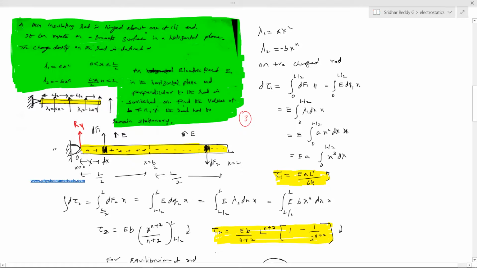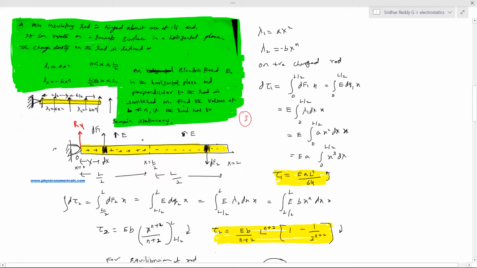A thin insulating rod is hinged about one of its ends. It can rotate on a smooth horizontal surface in a horizontal plane. The charge density on the rod is defined as λ1 equals a x squared for half of the length, and for the remaining half the charge density is minus b x to the power n. The negative sign means negatively charged: the first half is positively charged and the second half is negatively charged.